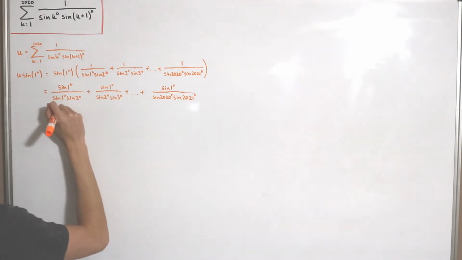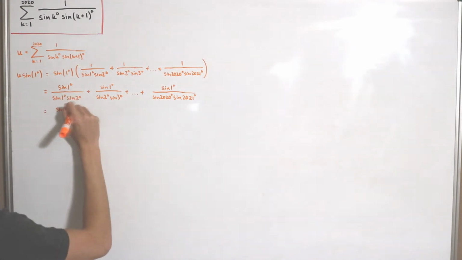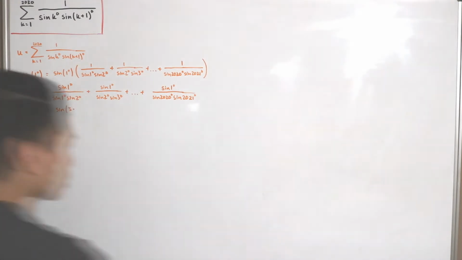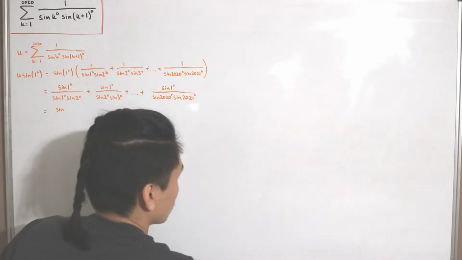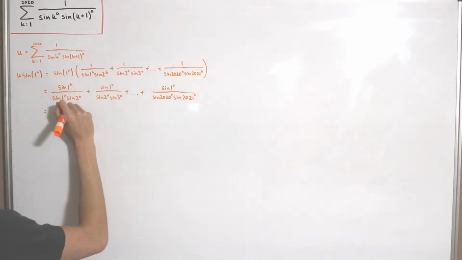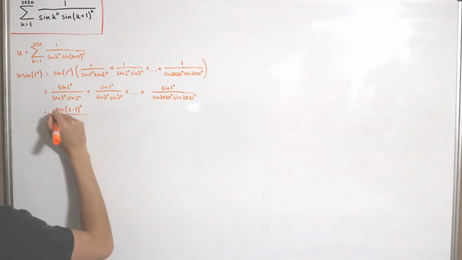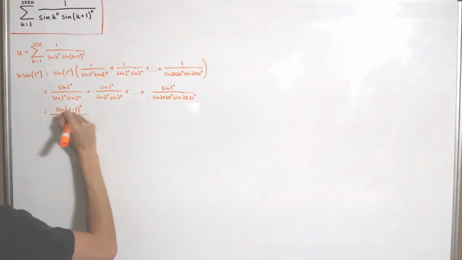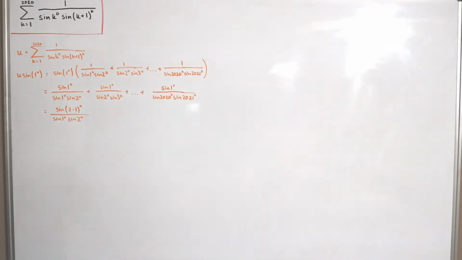So I'll rewrite the first term as sine of 2 minus 1 degrees, then divided by sine of 1 and sine of 2, and this will make sense using that trig formula eventually.